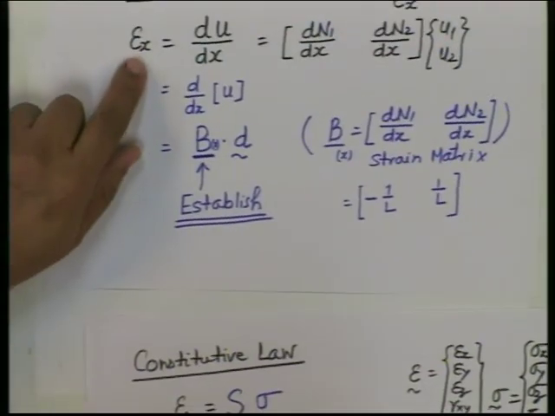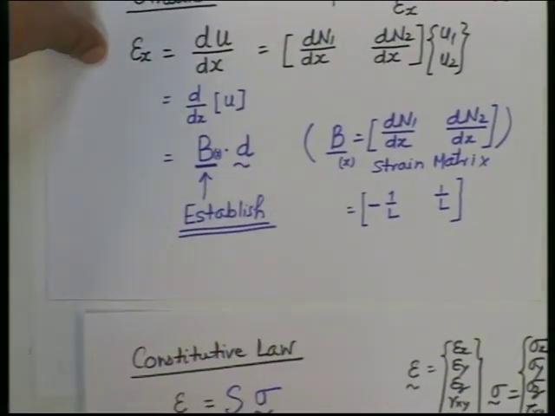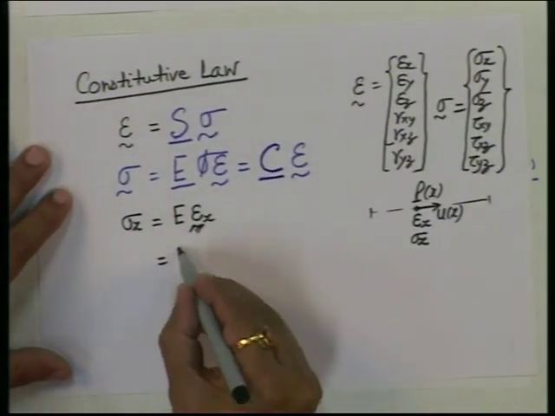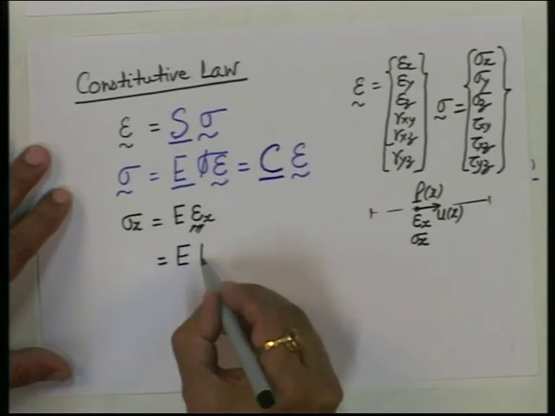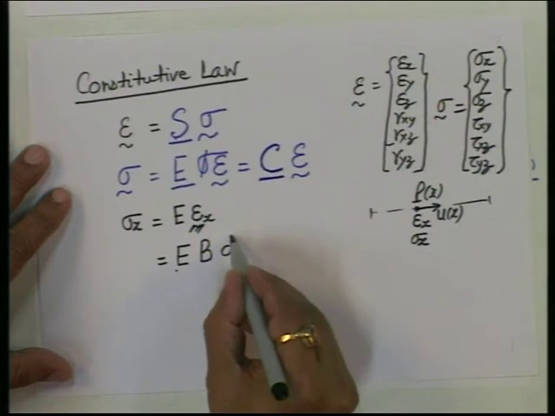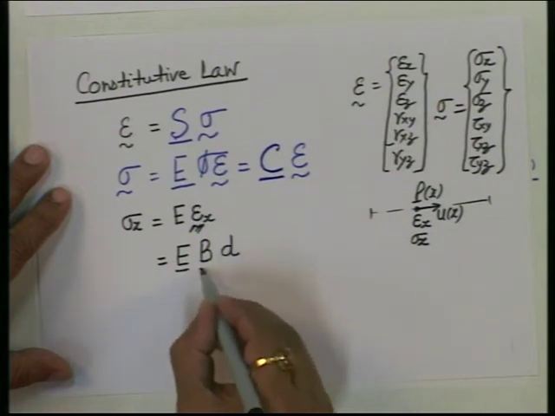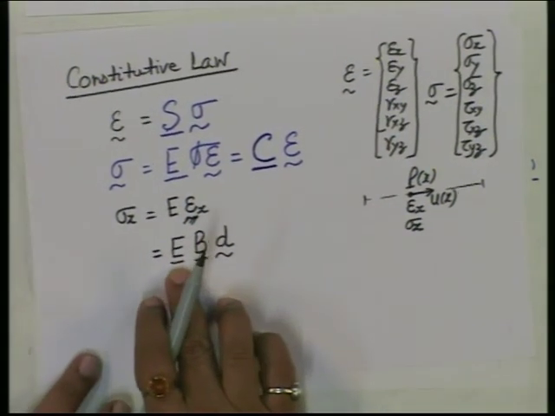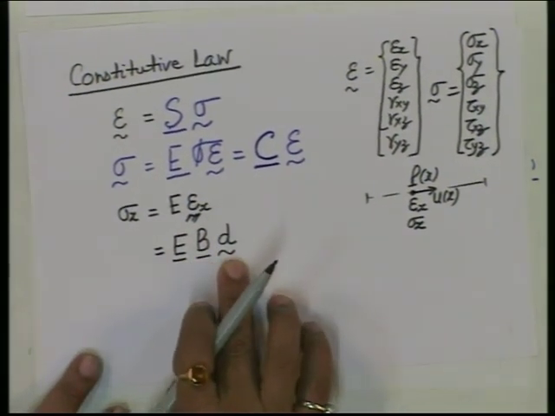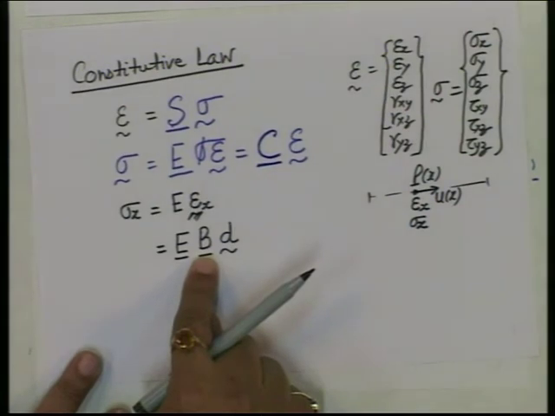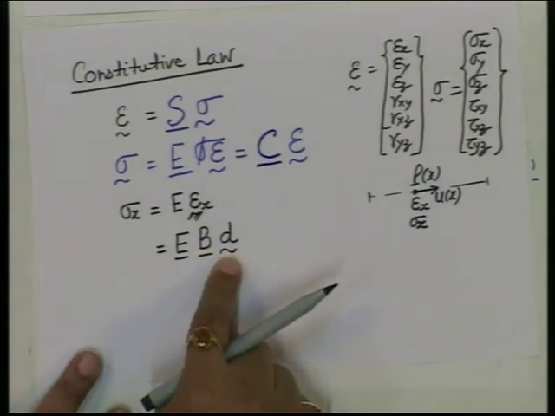We have already found out that epsilon x is B times D. So, we can also write sigma x equal to E B into D. If I want to write this in matrix notation, it will be like this. It so happens it is only 1 by 1. E is 1 by 1, B is 1 by 2, D is 2 by 1, then only they can be multiplied.